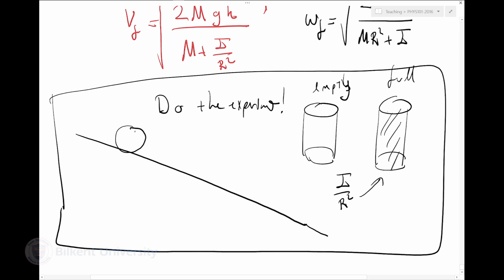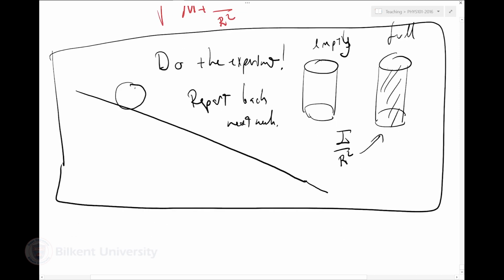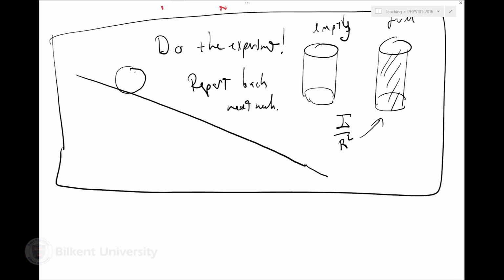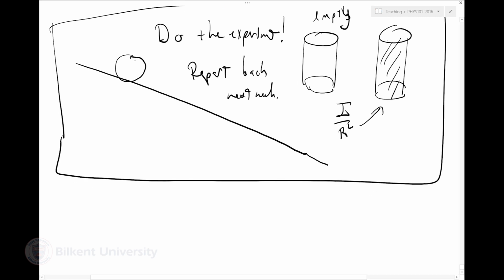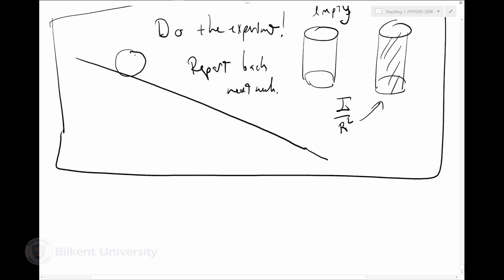That would help you understand. Do the experiment and I'll ask you to report back next week. So next Tuesday, we're going to investigate that, maybe in a quiz or in some other way.